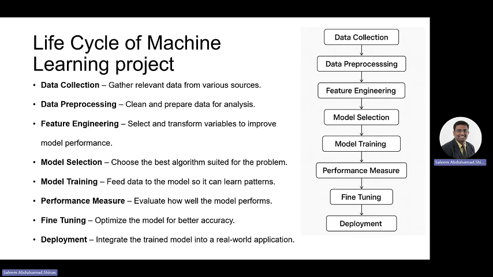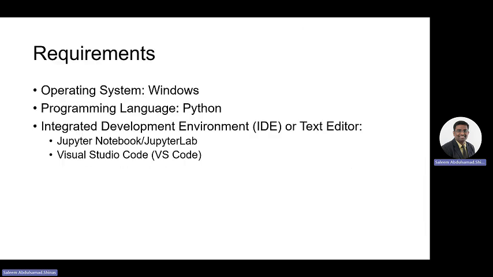Then we choose proper machine learning models, train the model, test the model, and check the performance. If the performance is below expected, then we have to tune the model. Once we have made the model perfect, we apply the model to the particular problem. Then we can deploy the model into the environment.